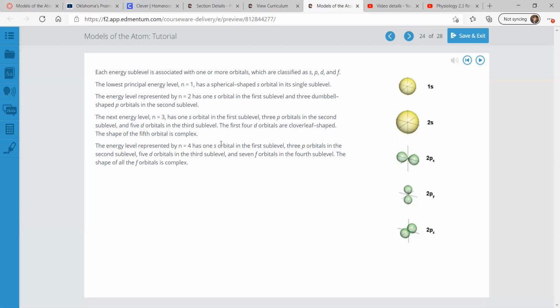And then n equals 4 has one s orbital, 3 p orbitals, 5 d and 7 f, and all of those shapes for f are really complex. This means that as you go up in the energy level, electrons can be found in these higher levels.